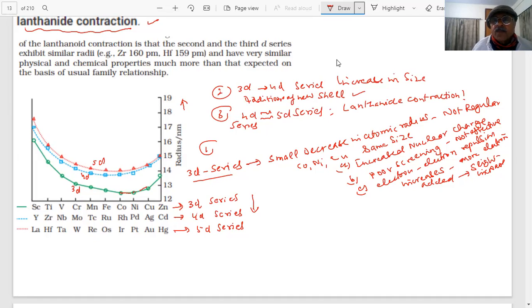What has happened here? The increase was small.